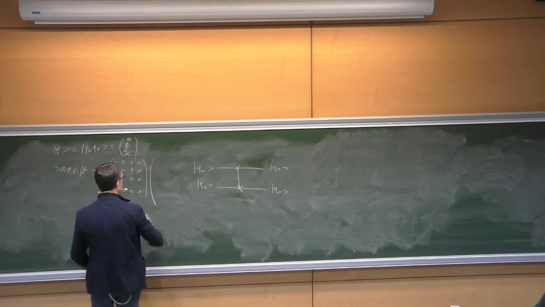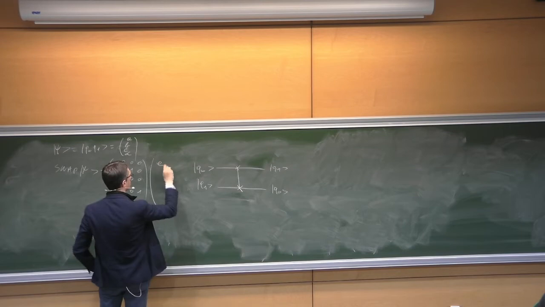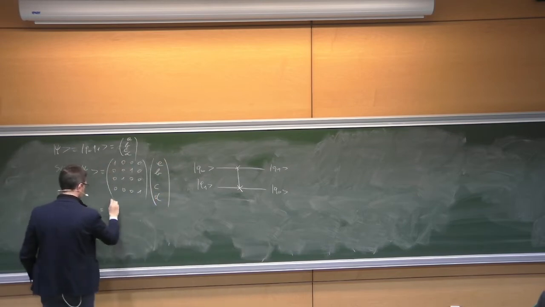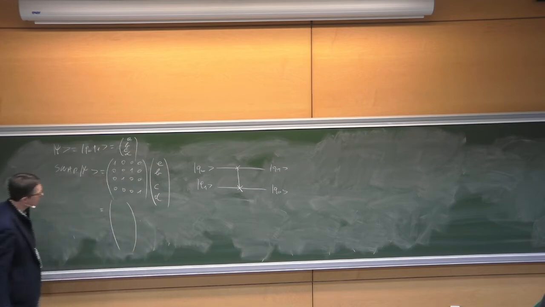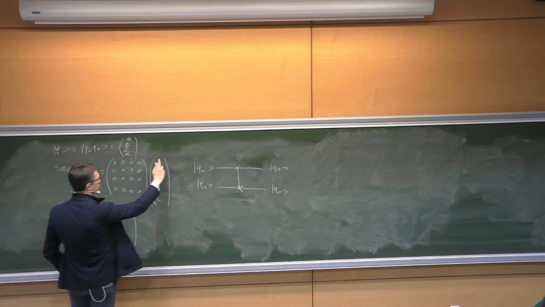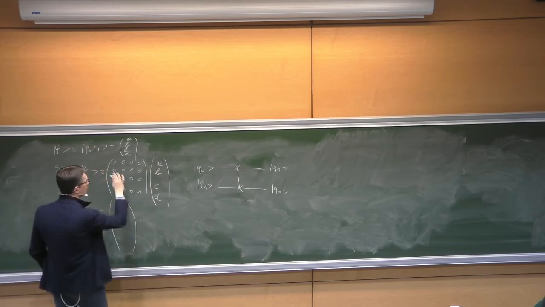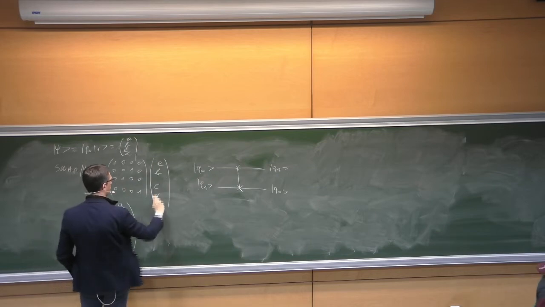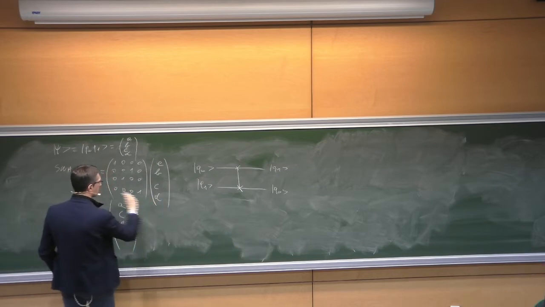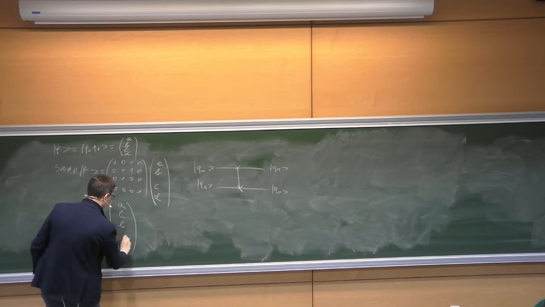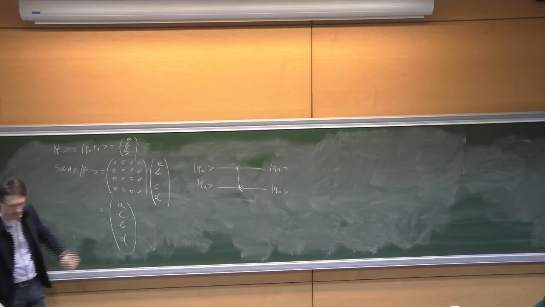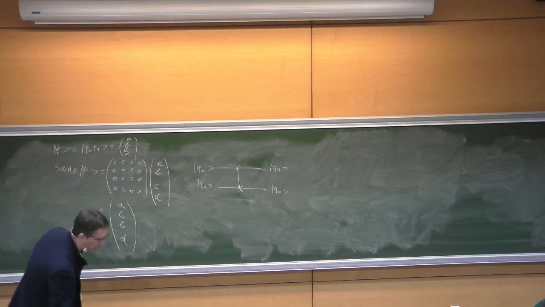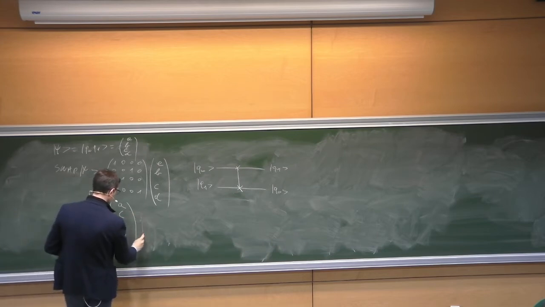If I apply this to the column vector A, B, C, D, I'm going to obtain a 4-column vector, which is going to be A, and then C, and then B, and then D. So we can see in this case that we swapped B and C here.